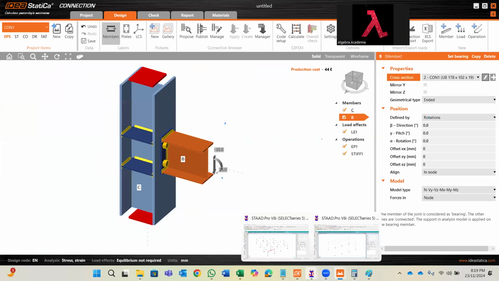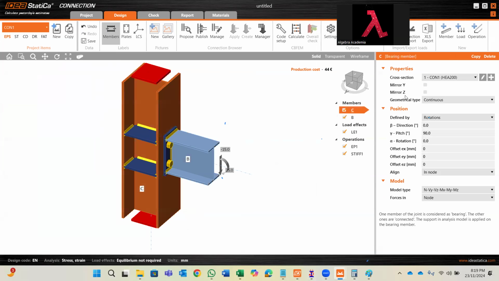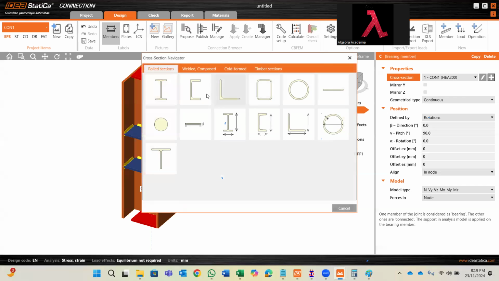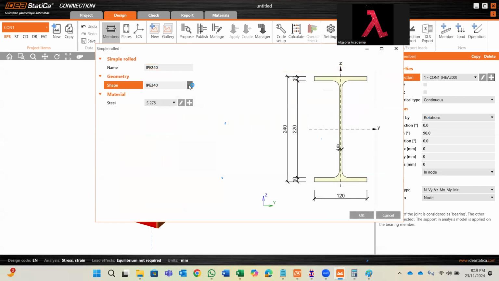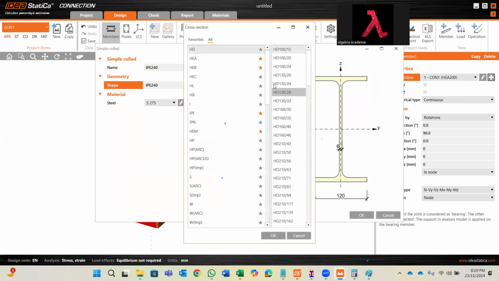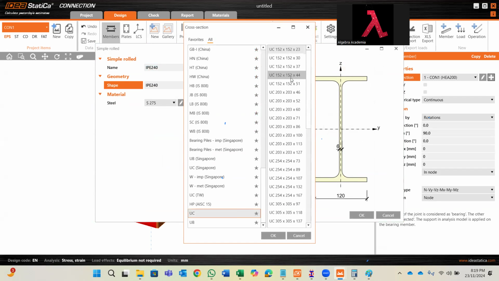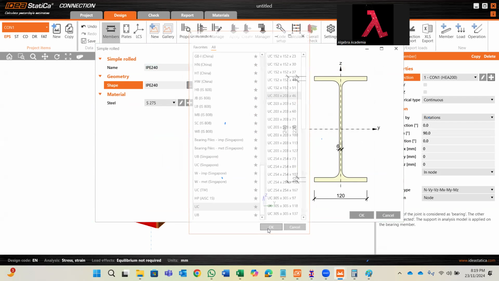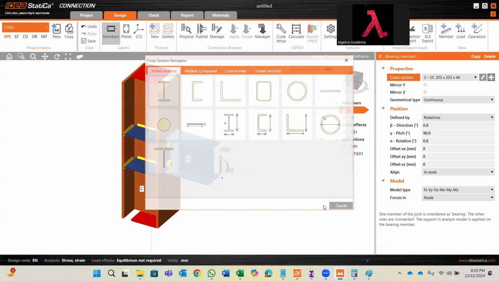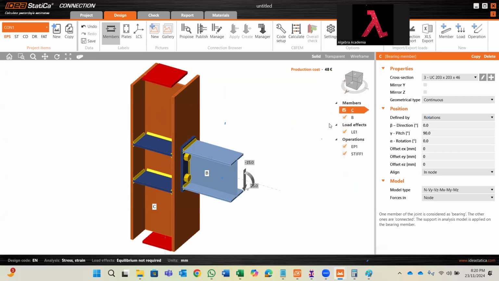Let me go to the columns. Again, 203, 203, 46, right? Columns. Back here, select all. You see, 203, 203, 46.